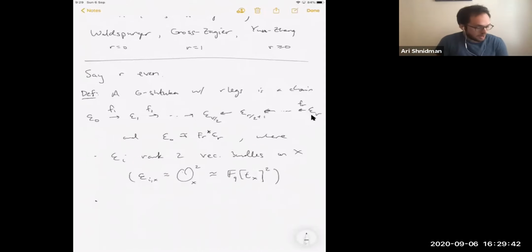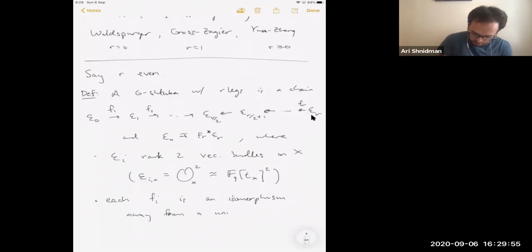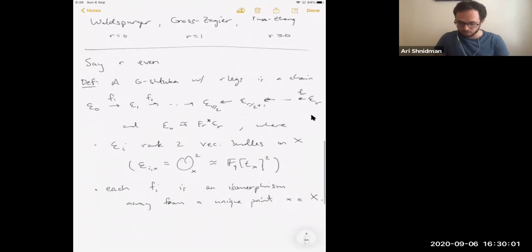And each of these FIs, we're requiring them to be an isomorphism away from one point. There's an isomorphism away from a unique point in X. And in fact, we want the co-kernel to be rank 1, but I won't write that down. And so this is the definition of a Shtuka.